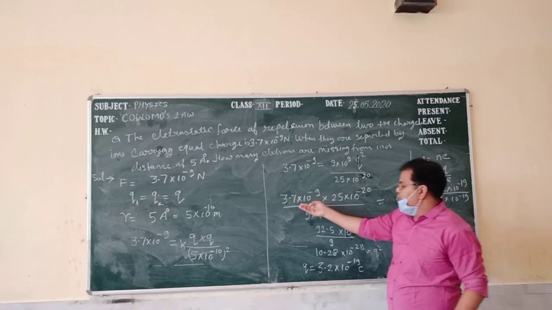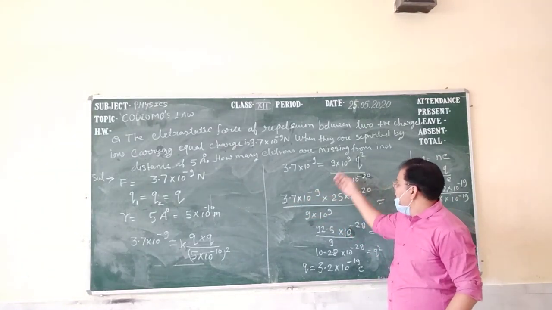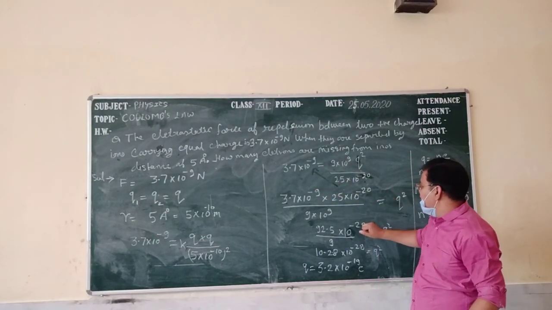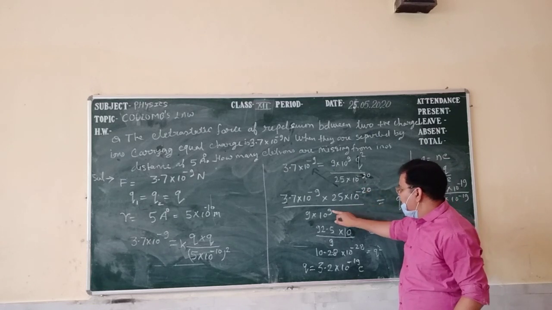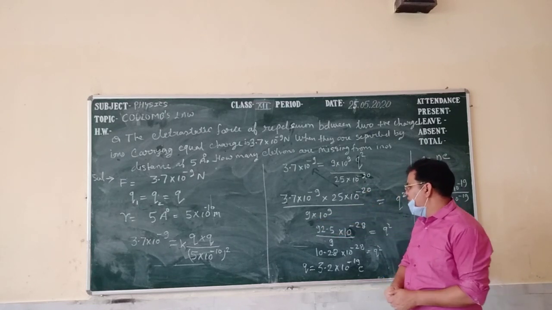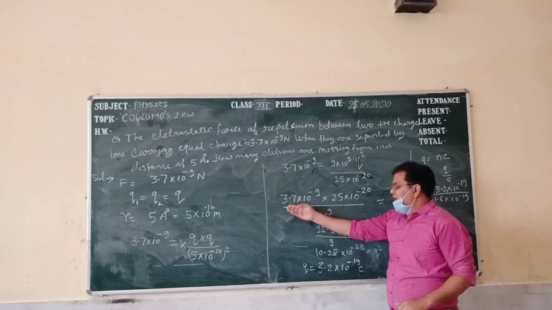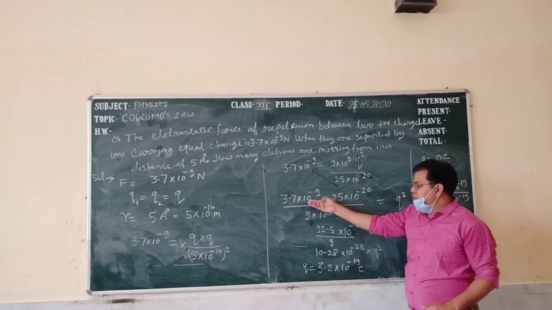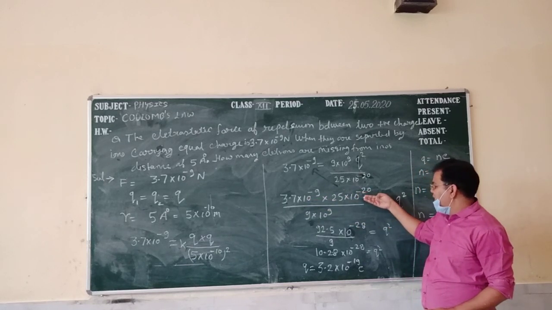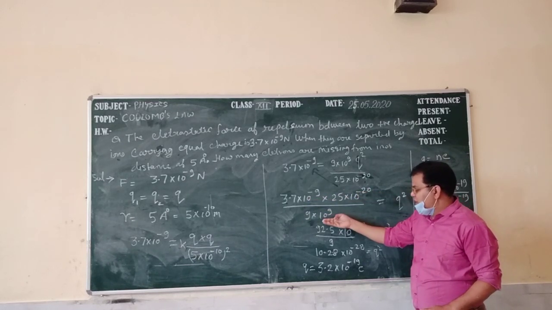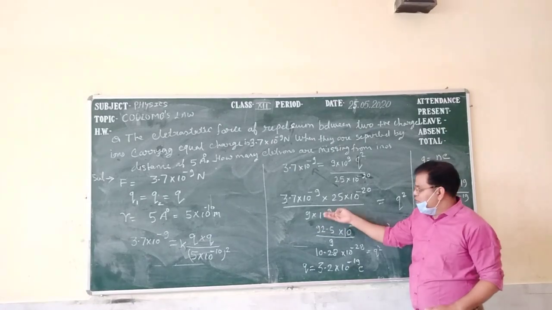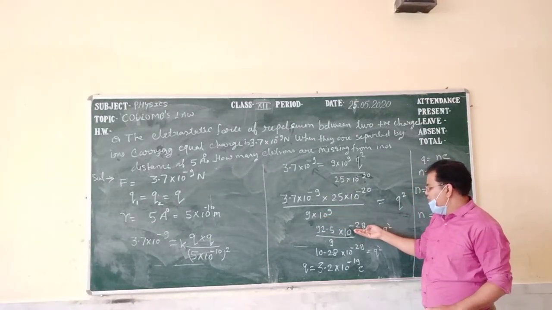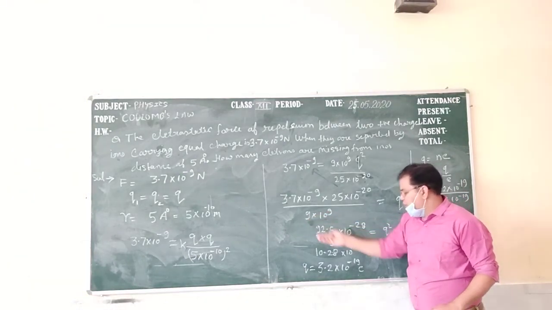Q square equals 3.7 into 10 to the power minus 9 into 25 into 10 to the power minus 20 upon 9 into 10 to the power 9. Multiply 3.7 into 25, we get 92.5. Adjust the powers, we get 10 to the power minus 28 upon 9.